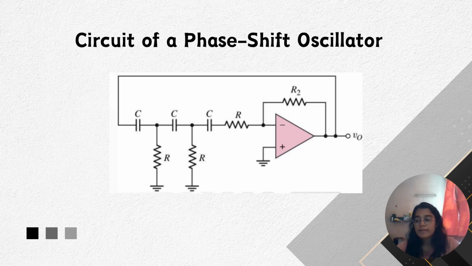The gain must be at least 29 to maintain the oscillations. The frequency of resonance for this type is similar to any RC circuit oscillator, where Fr equals 1 over 2 pi square root of 6 times RC.